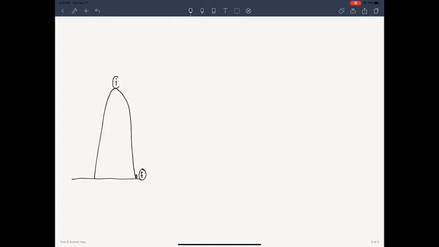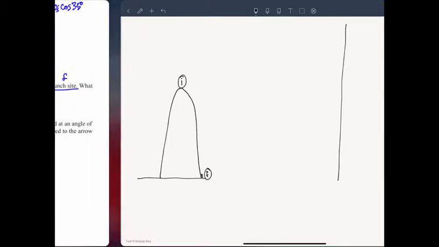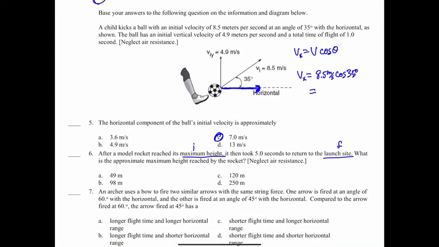Remember, the peak is a great spot to have as the initial position. What are we looking for? The maximum height, so that's going to be our dy.